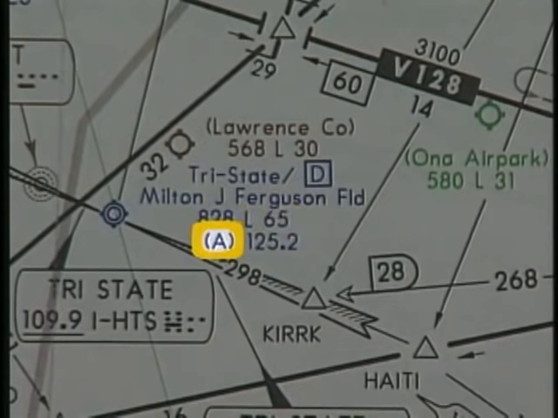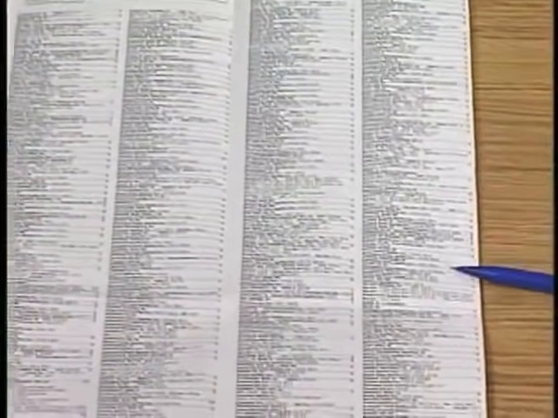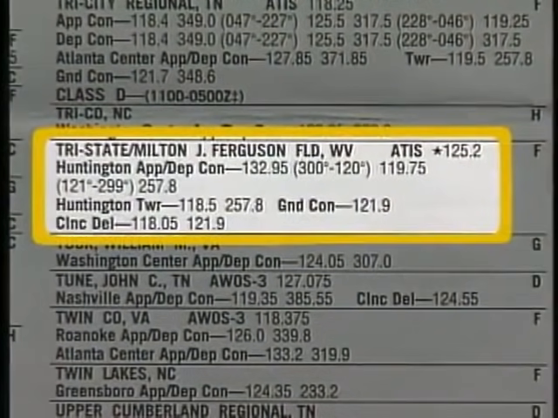If an A appears with the name, ATIS information is available on the frequency shown. For terminal communications, such as tower, approach and departure control, and clearance delivery, you will need to refer to the air-to-ground voice communications panel.